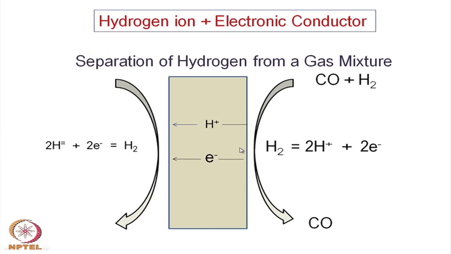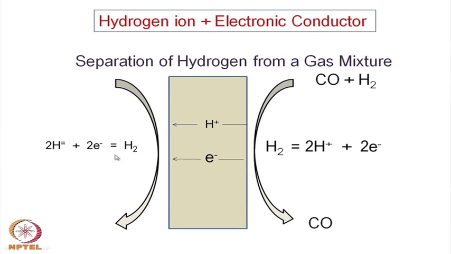Here carbon monoxide hydrogen will be separated out or be ionized with H plus and 2 electron, and this hydrogen will move through this. Okay. So, here this will be positive, not 2 minus, but it will be 2 H plus. 2 H plus and 2 electron will make hydrogen.